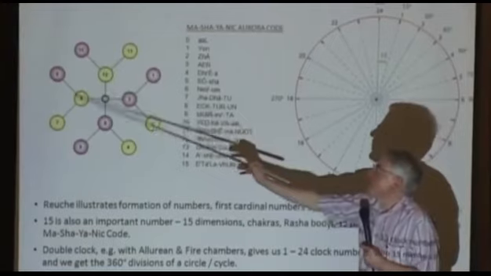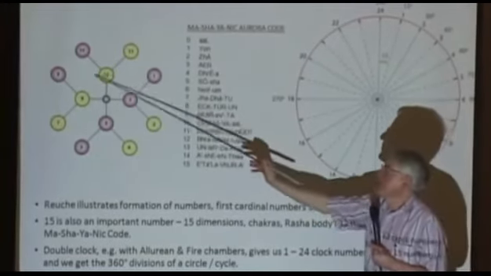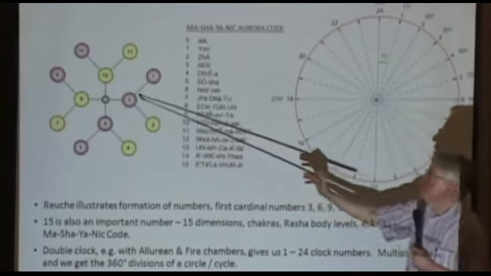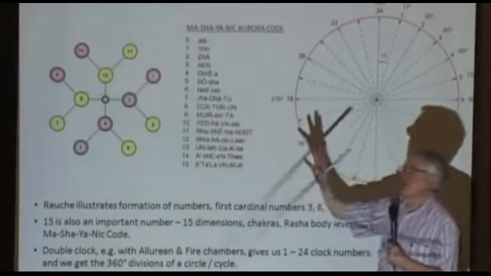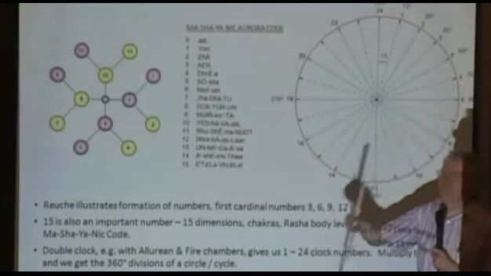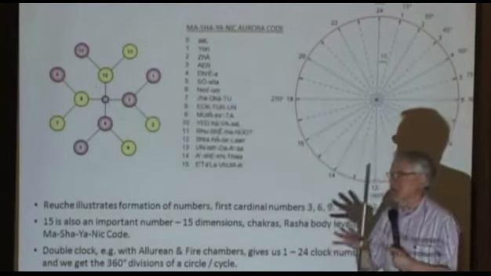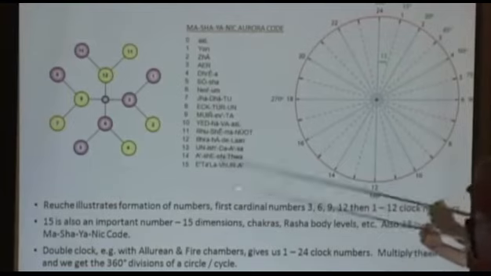This generates the 4 cardinal points on the clock. It generates the 4 quadrants of number. Each of these quadrant points further polarizes, creating an additional 8 octant points. Together they make up a set of 12 numbers. So this is how the 12 emerges as an important number in cosmic structure.